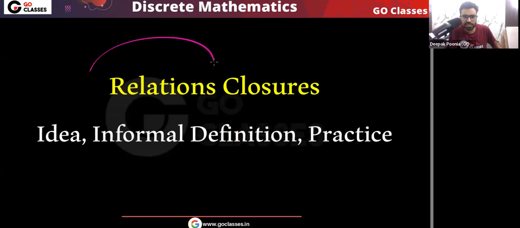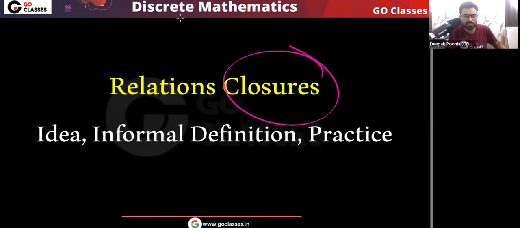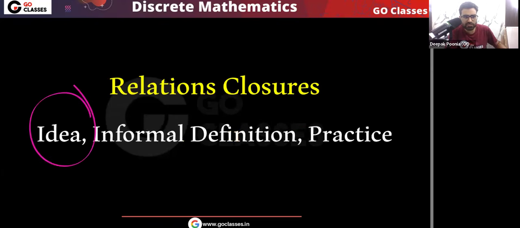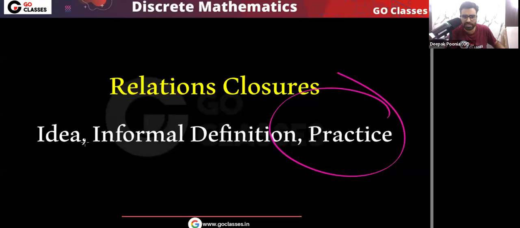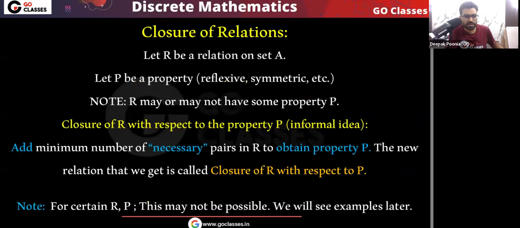Let's see what is relations closures. Closure of a relation: what is the idea, what is the informal definition, what is the formal definition, and let's do a lot of practice. First we are going to see the informal definition, then the formal definition. You can solve all the questions using the informal definition, and also using the formal definition.